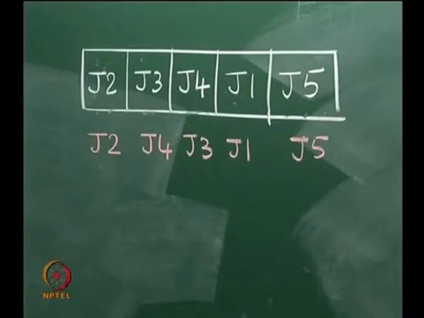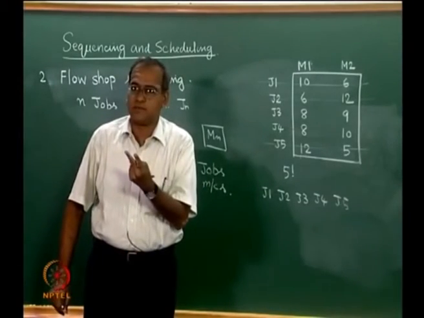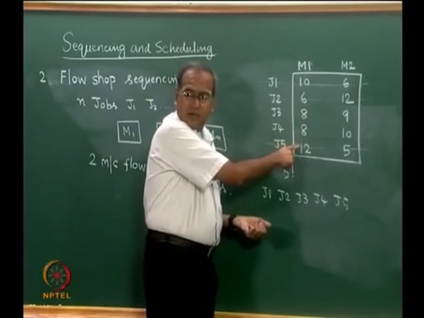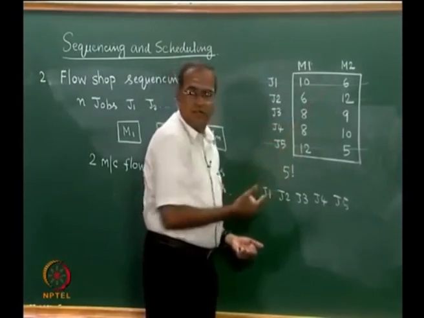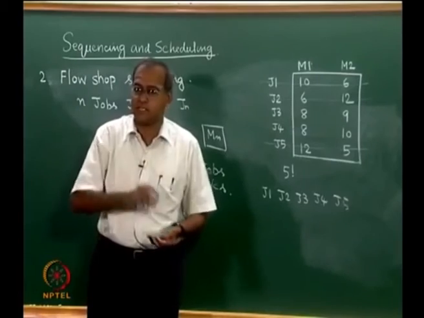So Johnson's algorithm, for this particular example, gives two sequences. Two sequences happened because of a tie occurring here, and we had one sequence by putting J3 first and then J4, and the other sequence by putting J4 first and then J3.